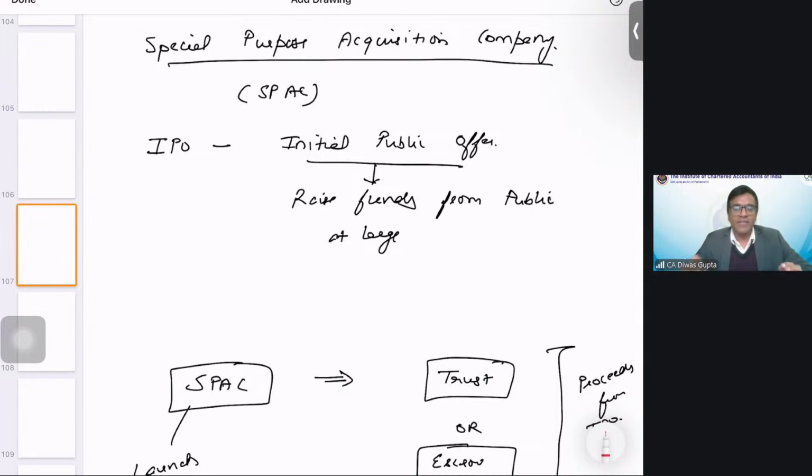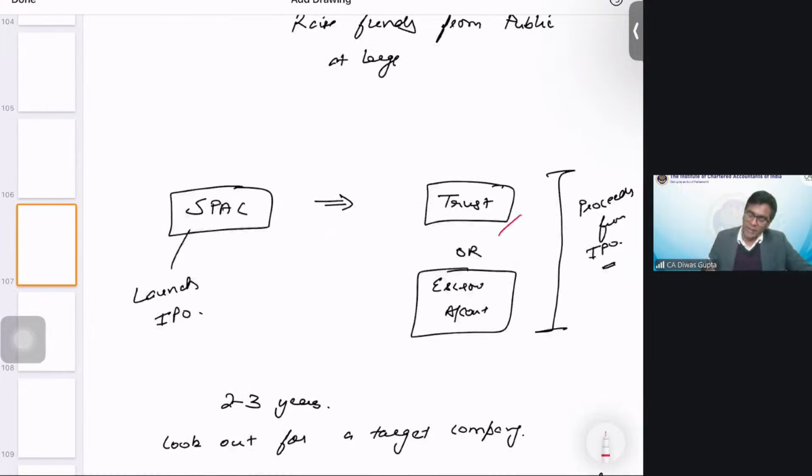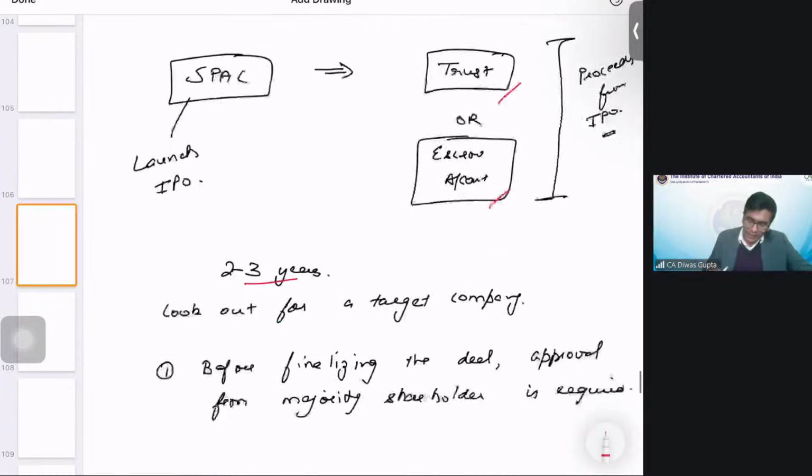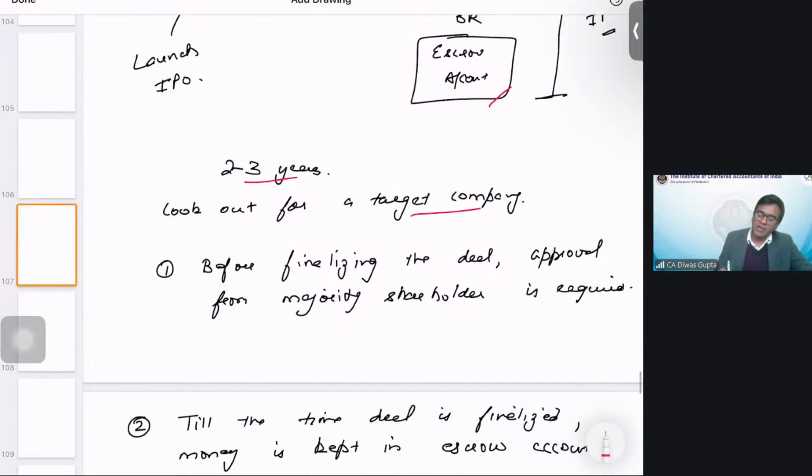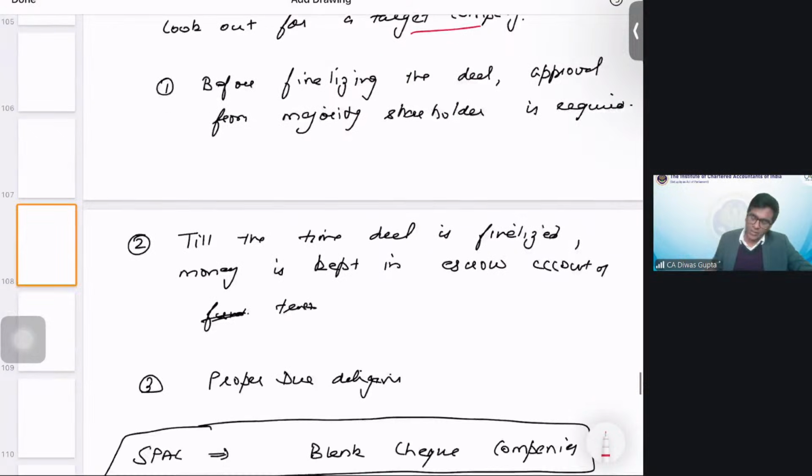It will say that we will keep that amount in a trust or an escrow account for 2 to 3 years. After 2 to 3 years, we will look for a target company which can be acquired, and we will float that proposal to the shareholders for their approval, and the deal will be finalized, and then we will be investing into that specific target company.